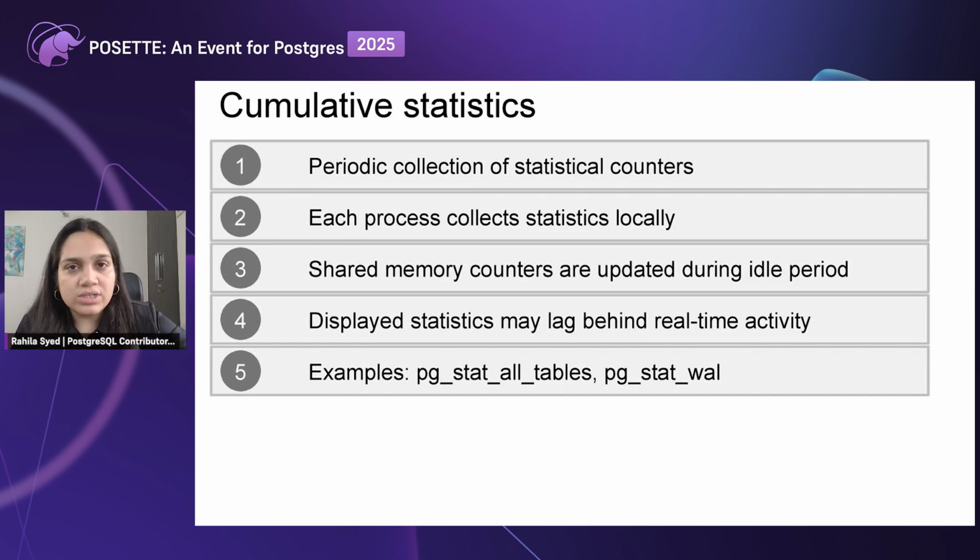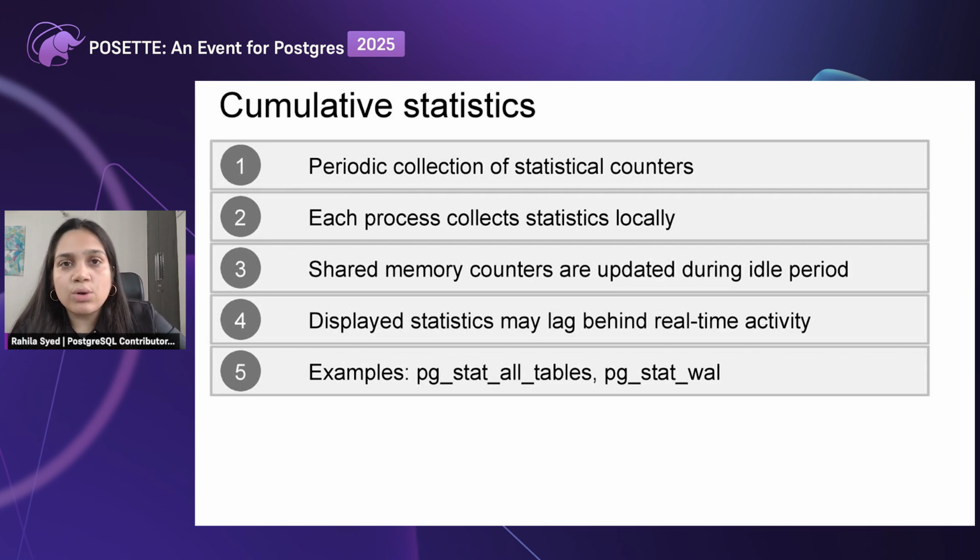In this, each process that's doing any activity copies the counters and statistics into its local memory, and at a point in time when it is idle, it copies the counters and statistics to the shared memory. Once these statistics are copied into the shared memory, a client which is trying to access these statistics can read the statistics from shared memory and display.